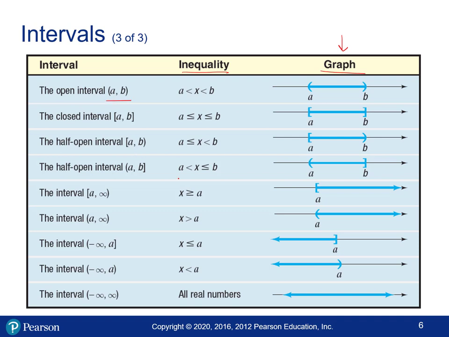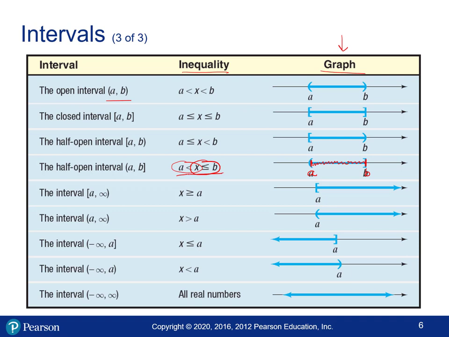So for example, if I just pick this inequality right here, I would place a on my number line and then the number b as well, and then I would say, okay, x has to be greater than a, so I would start to shade everything greater than a, but it has to be less than or equal to b, so then I would go all the way to b and stop.